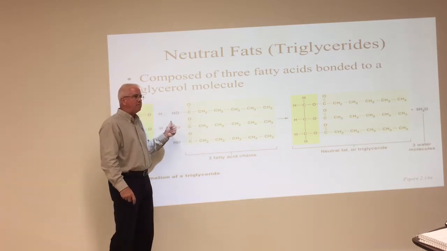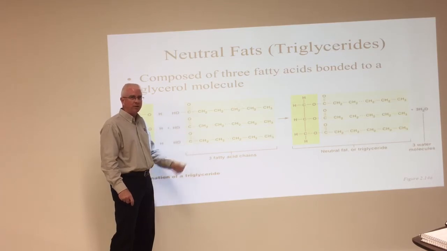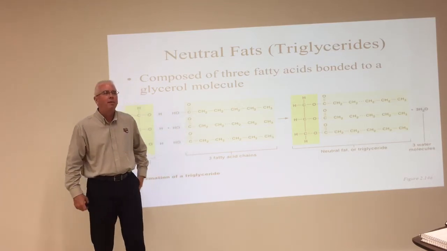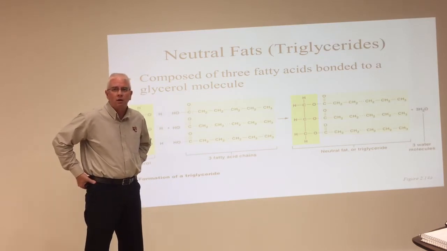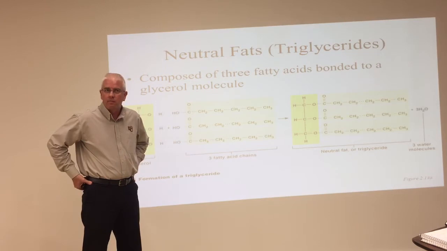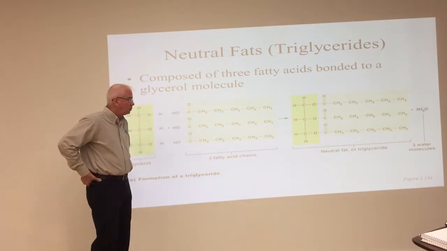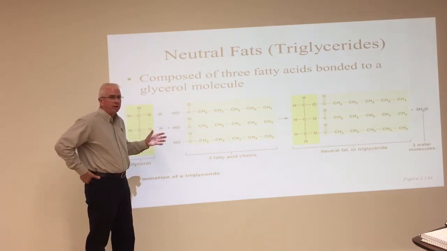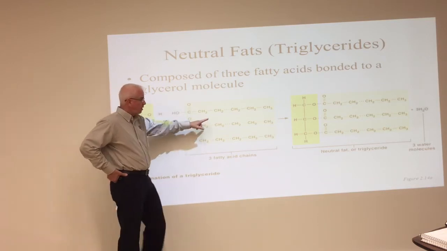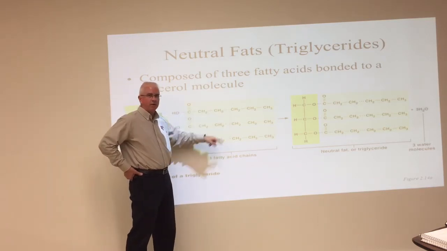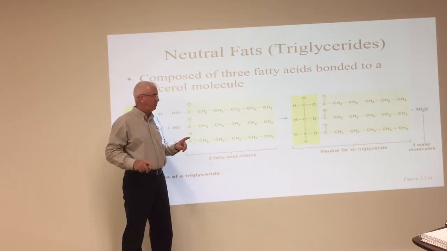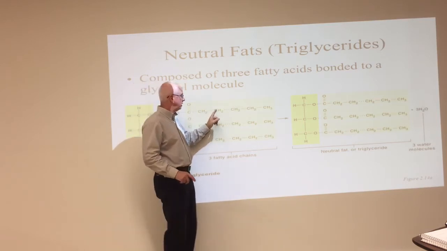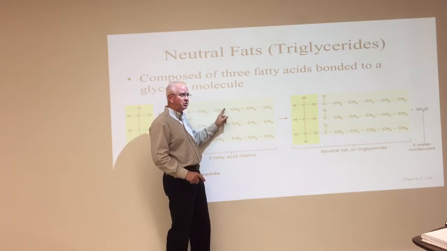Now, the simple explanation for that is there are many, many more carbons available in a triglyceride than there are in a sugar molecule. How many carbons are available in a molecule of glucose? 6. How many carbons are available in any given triglyceride? That dot, dot, dot right there means a lot more goes here of the same. CH2, CH2, CH2, CH2, CH2, CH2.